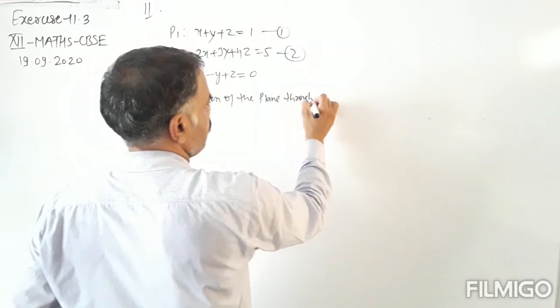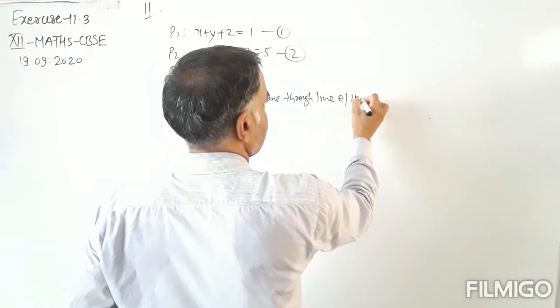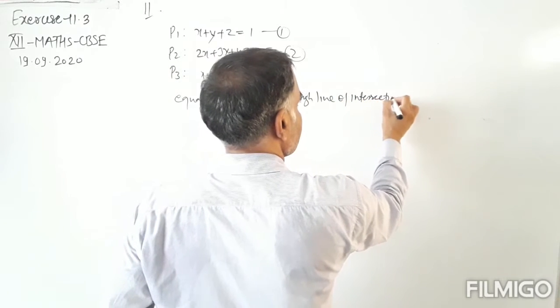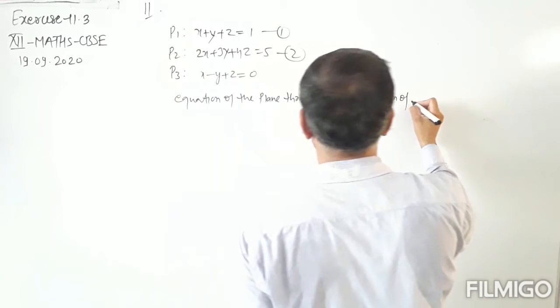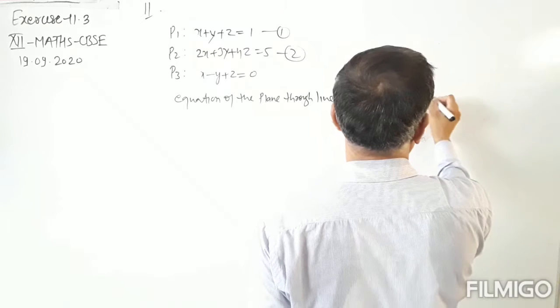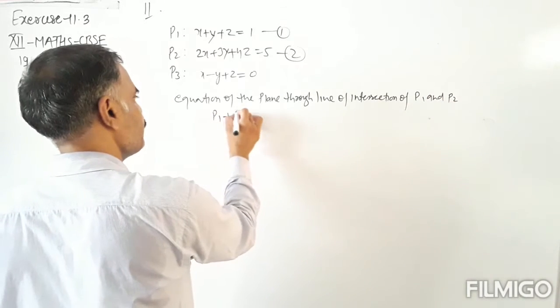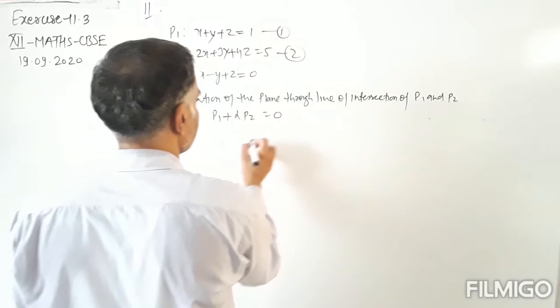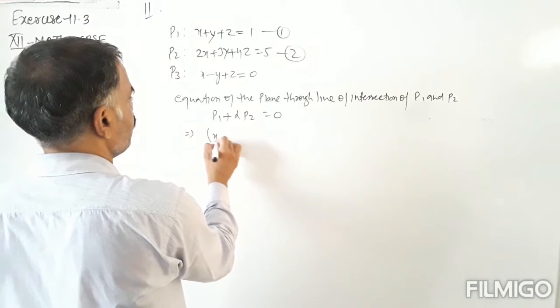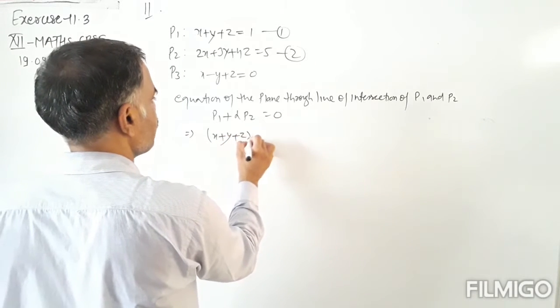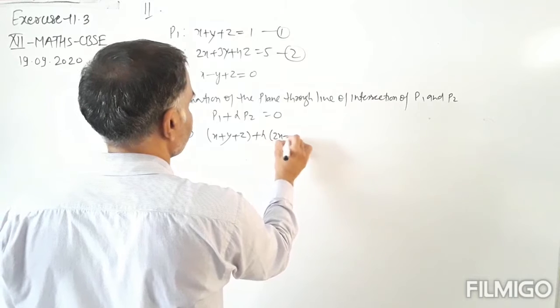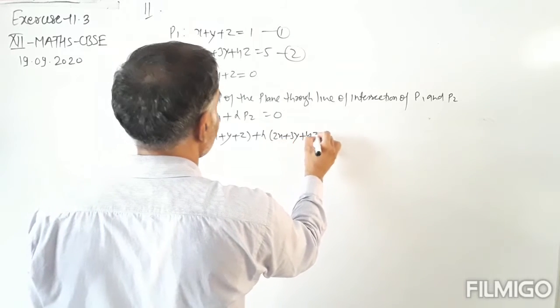Through the line of intersection of P1 and P2, that is P1 plus lambda P2 is equal to 0. So x plus y plus z plus lambda into P2, 2x plus 3y plus 4z.